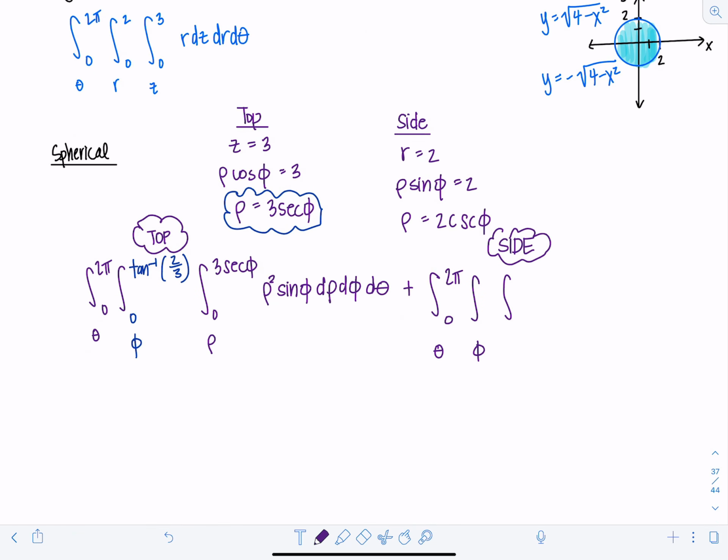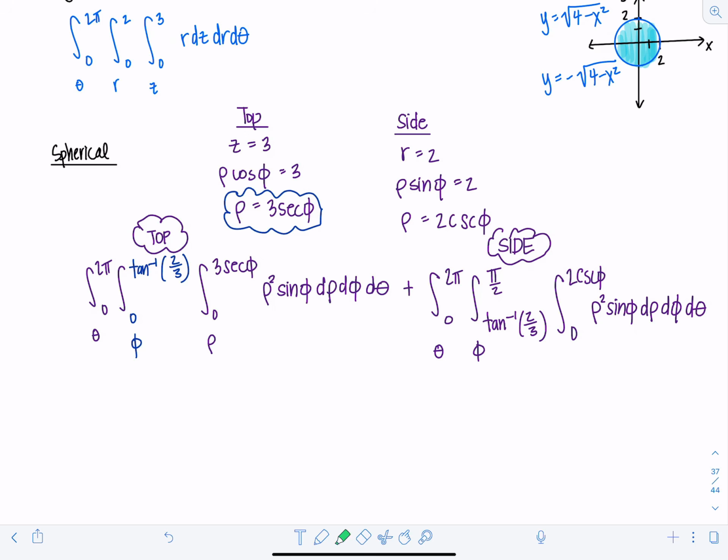So we're going to go from tan inverse of 2/3 up until pi over 2. And then rho is determined by the side, which we found was 2 cosecant phi. And then I've got to smash in rho squared sine phi d rho d phi d theta.